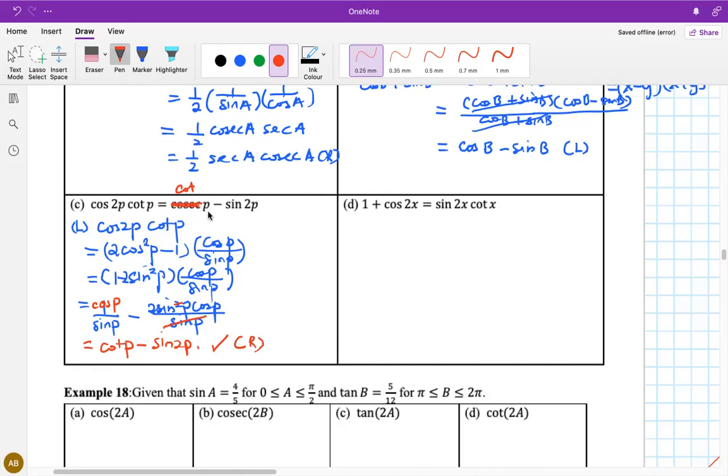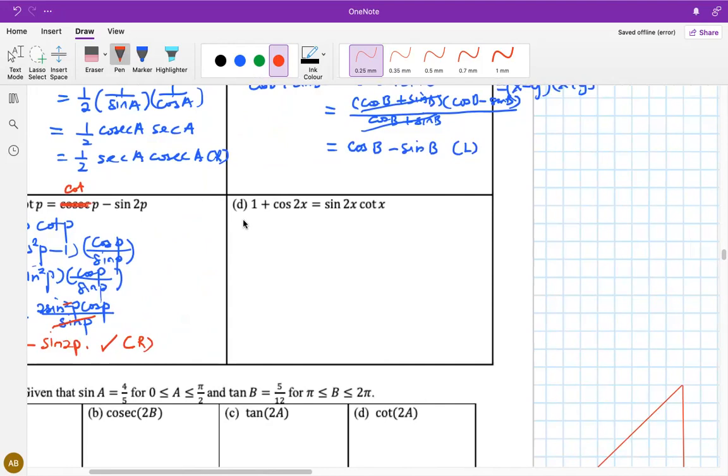Then next is 1 plus cos 2x equals sine 2x cot x. So here we start from the right side. So it is sine 2x cot x. So it is 2 sine x cos x, and then cotangent x.